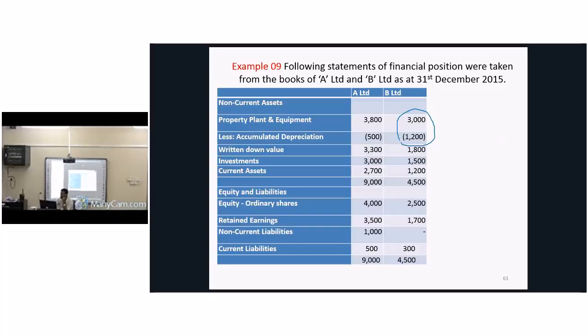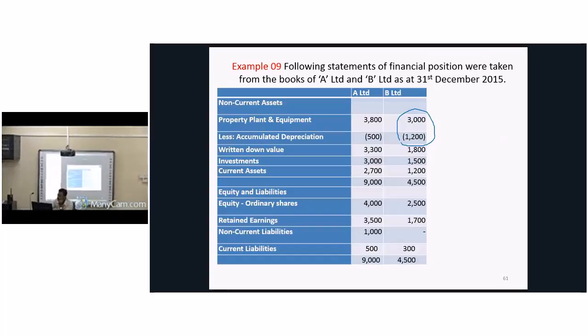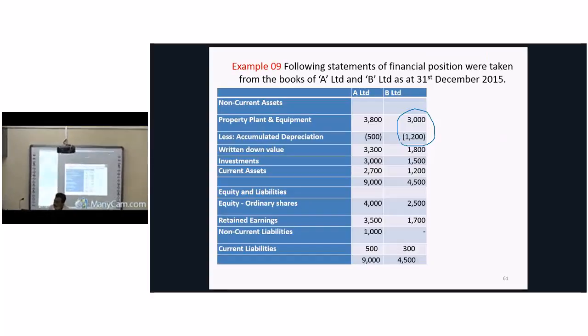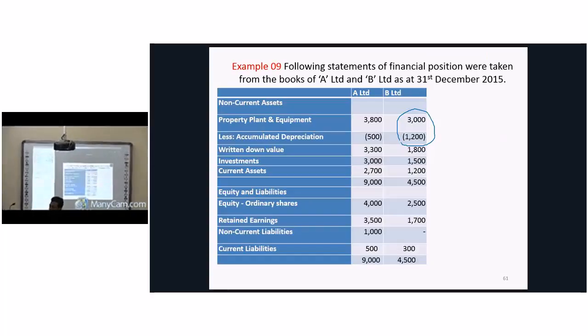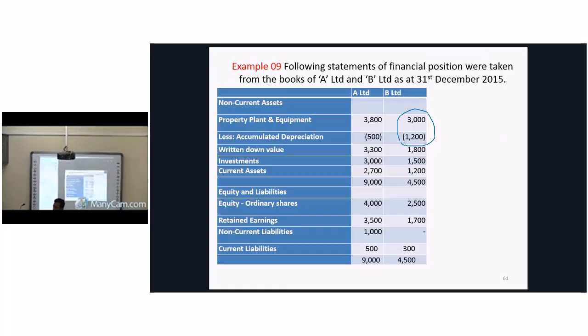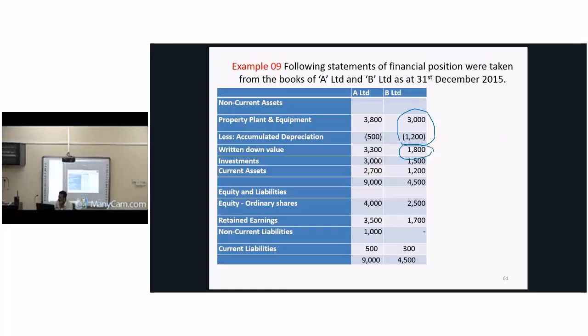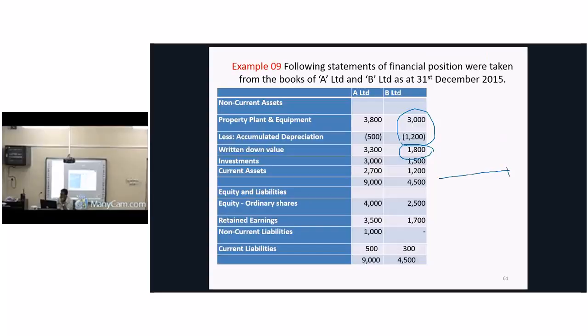Now it's cost 1,200. Accumulated depreciation here 3,000. Then net value, written down value at the end of the year. It means here this is 31st December. Here 1st January. This is acquisition date. All are 15. Right?